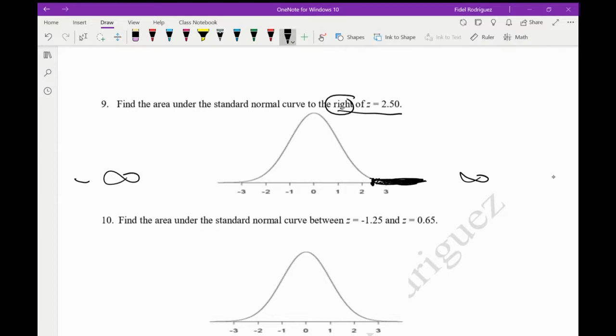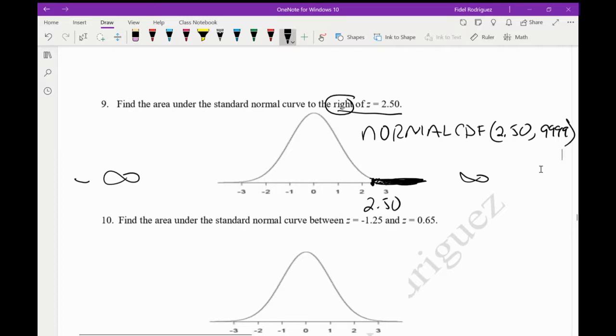This is a negative infinity, right? So if I use my calculator, I'm going to go normal CDF and I'm starting off at 2.50, and I'm going to end at 9999.